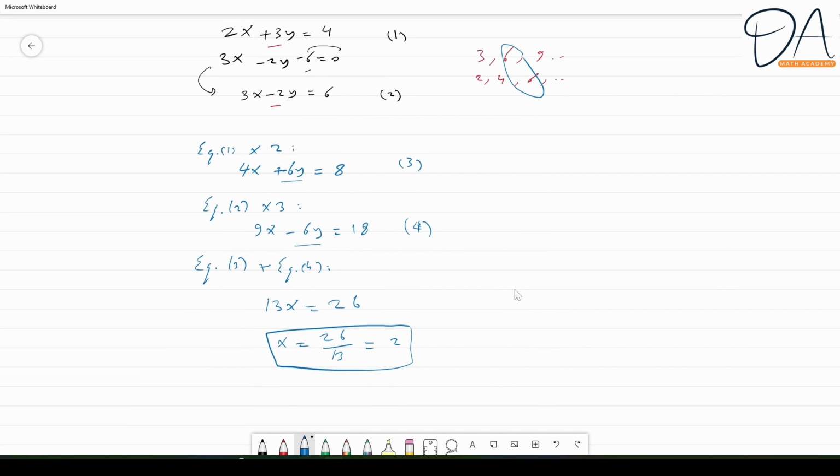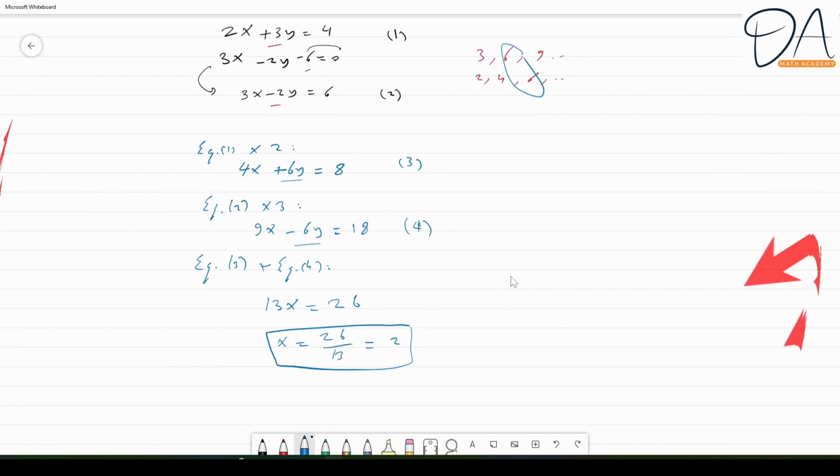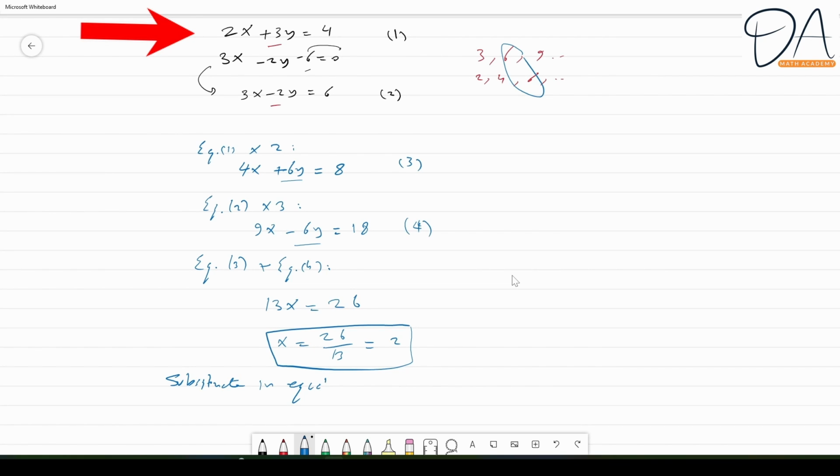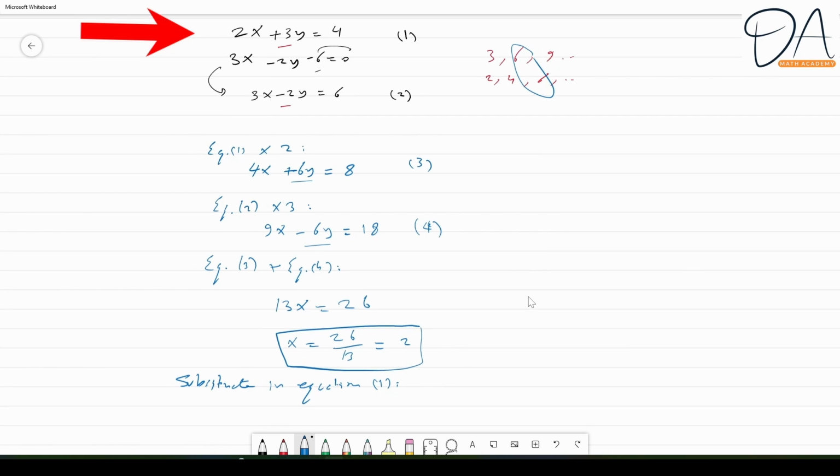How do we get y? You can use any of the original equations to get y. So let's substitute, for example, in equation 1. It's 2x plus 3y. So when we substitute, we get 2 times the value of x, 2, plus 3y equals 4.